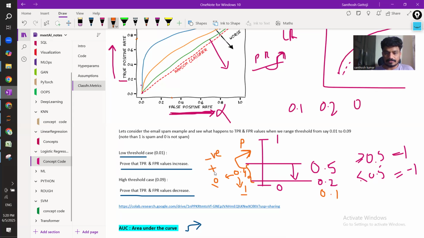So you're getting more positive values. But that does not mean they're actually positive. Some could be positive, some could be negative.